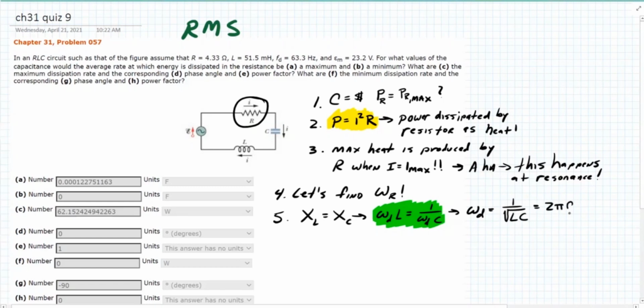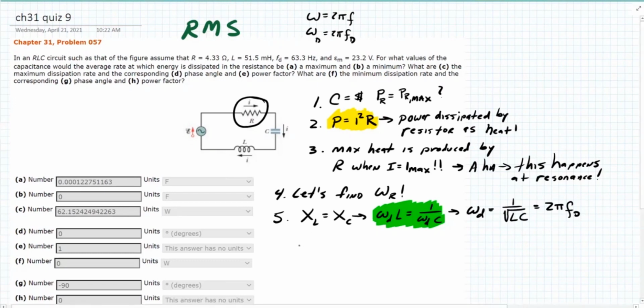Once again, the birth of a radian says omega equals 2 pi f, and I'm just using the subscripts here. Omega_D, that driving frequency, is 2 pi times that driving frequency. Yeah, I'm using uppercase D's.